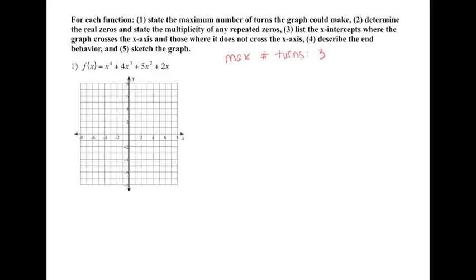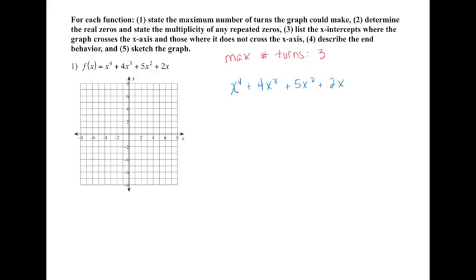The next thing it asks for is determine the real zeros and state the multiplicity. So this is where you may have to go back and use some of the new stuff that we have done since your last quiz, all right? You do want to factor this guy if possible. So we have x to the 4th plus 4x cubed plus 5x squared plus 2x.